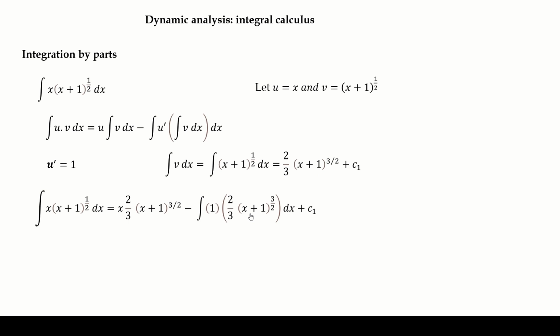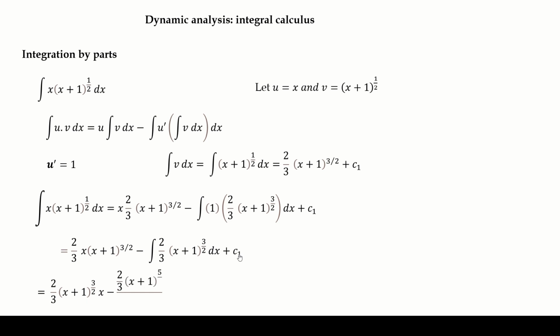Now in the next step, all we have to do is find the integral of this term, which is again the same process that we applied over here: apart from the power, the derivative of x plus 1 is in the multiplicative form. So we add 1 to the power and then divide by the same, and get the result over here.